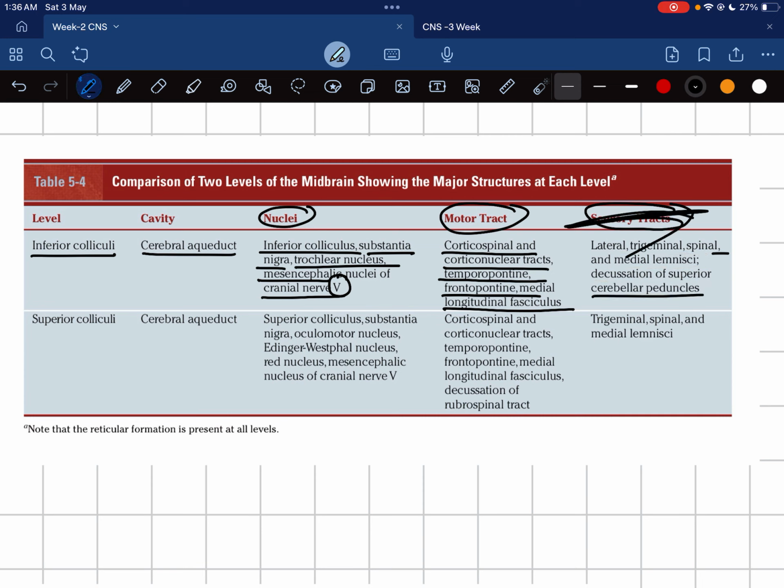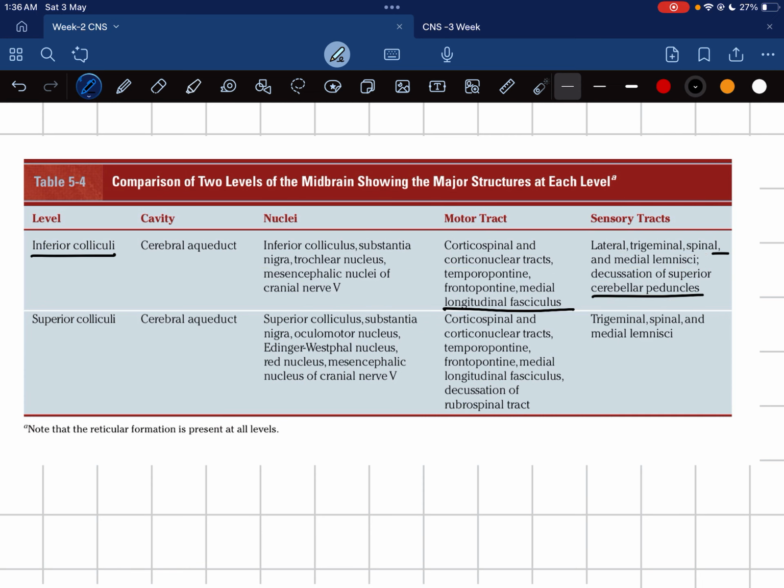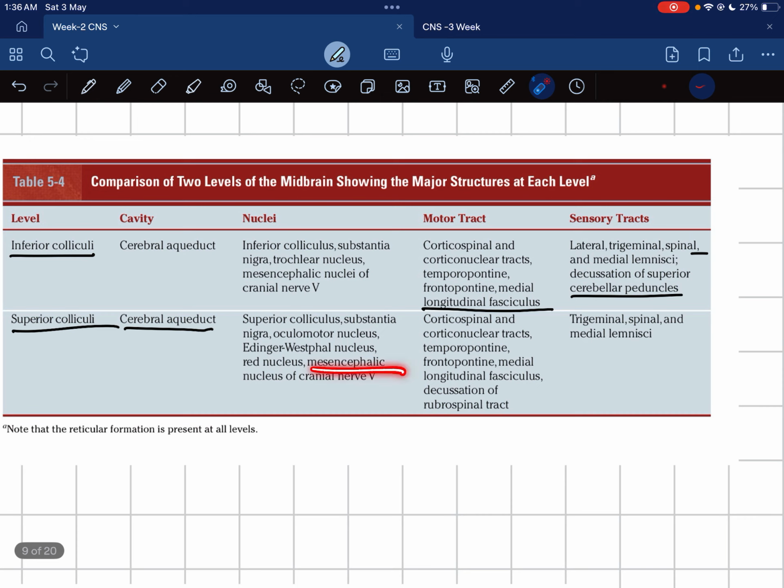We have already looked at the image. So moving on to the superior colliculus. In the superior colliculus, there is a cerebral aqueduct. For nuclei, there are the superior colliculus, substantia nigra, oculomotor nucleus, Edinger-Westphal nucleus, the red nucleus, and the mesencephalic nucleus of the trigeminal nerve.